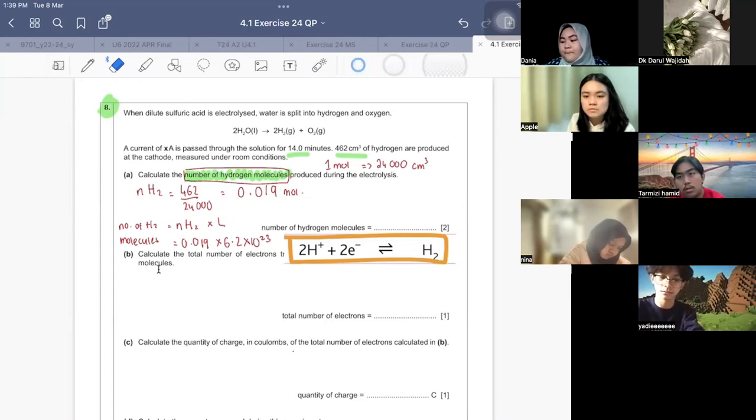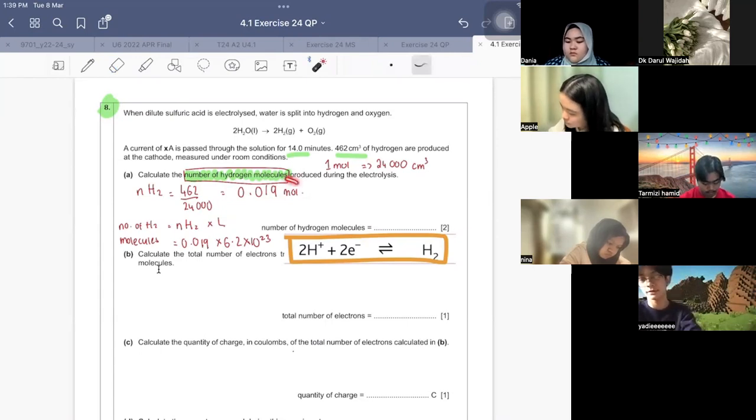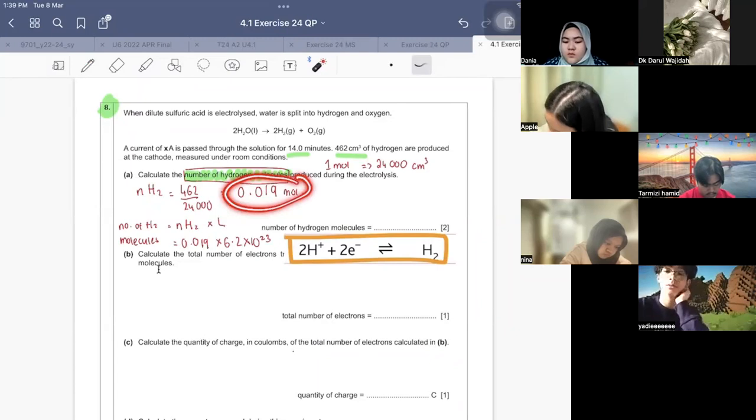Just like me asking how many eggs are there in 1 dozen of eggs. Okay, so in 1 dozen of eggs, there are 12 eggs, 12 units of eggs. So this is what the question is asking for. How many units of hydrogen molecules are there in 0.019 mole of hydrogen?